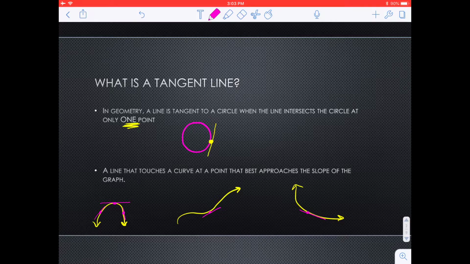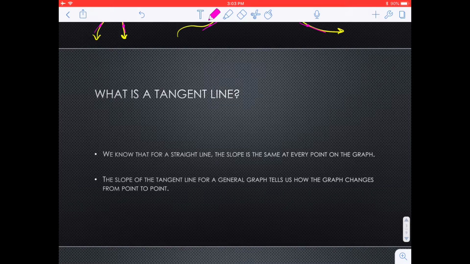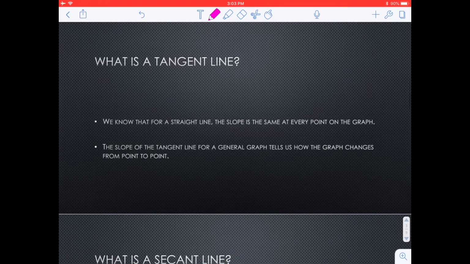So we get to this concept that the more lines I can create, the better approximations I can get. So what is a tangent line? Well, we know that for a straight line, the slope is the same at every point on the graph. The slope of the tangent line for a general graph tells us how the graph changes from point to point.